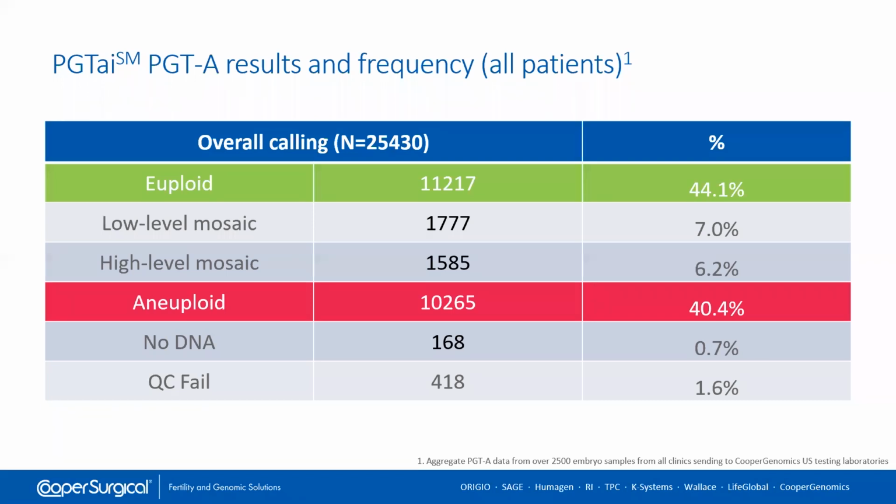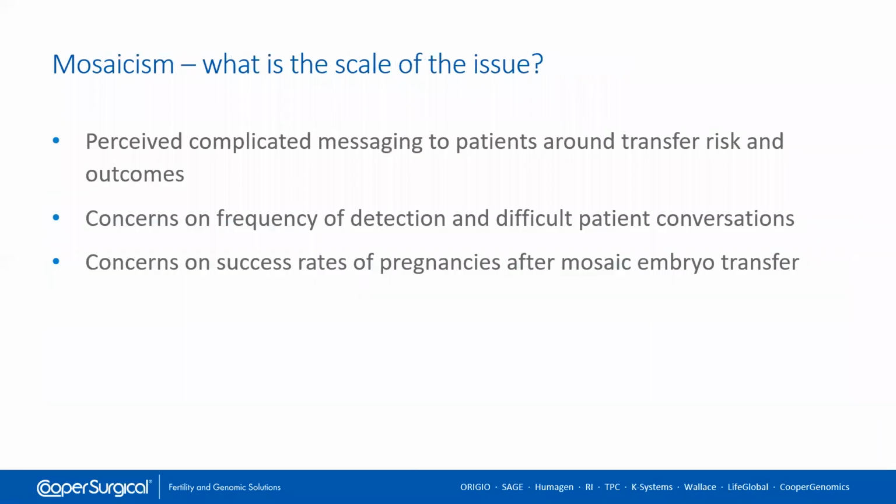But basically, I just wanted to highlight that those are options that may come back on the test report, but it shouldn't be considered as any individual category within the reporting. So really today we're talking about these middle categories of low level and high level mosaic embryos.